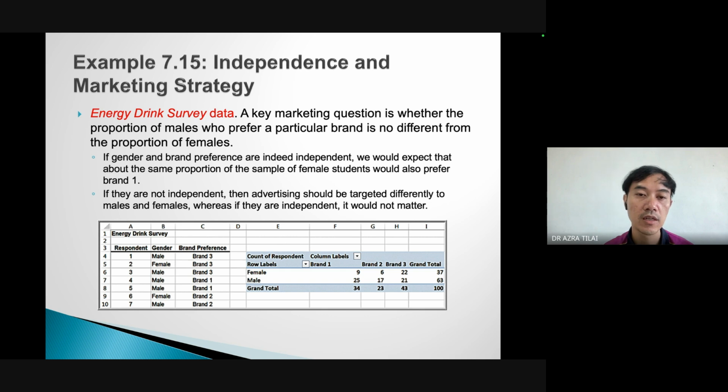So this is why we do the test. If they are not independent, then advertising should be targeted differently to the two genders. Whereas if they are independent, then it doesn't matter if you have one advertisement.